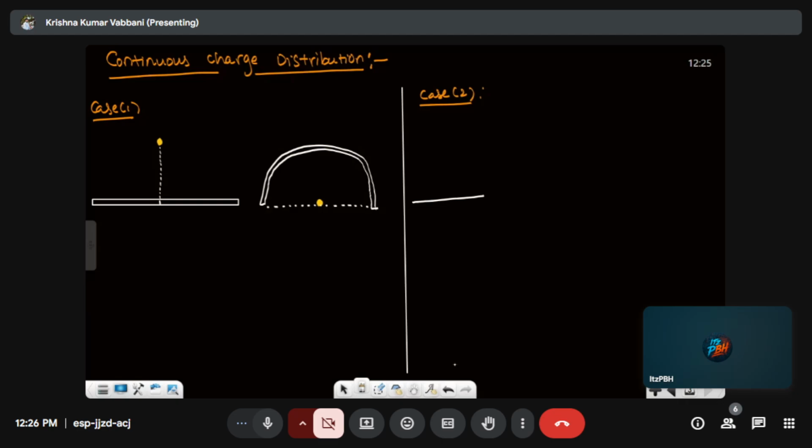Now I am taking the same line conductor, and again here also I am taking it in terms of this. Here I am taking my conductor like this.